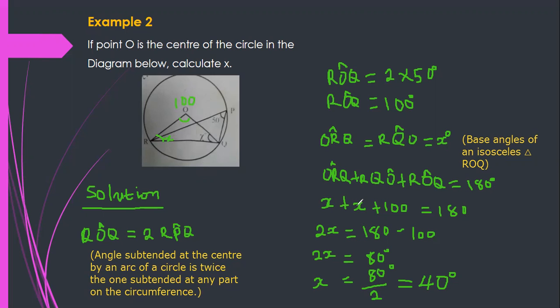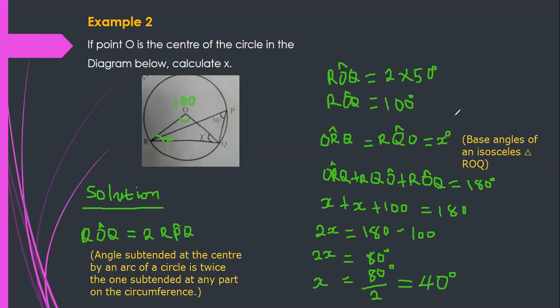And x plus x plus 100 degrees equal to 180 degrees, sum of angles in a given triangle. And then we have 2x equal to 180 degrees minus 100 when we collect like terms. So 2x equal to 80 degrees because 180 minus 100 is 80. So dividing both sides by 2, we have x equal to 80 degrees divided by 2, and then we've got 40 degrees. So this is very simple.